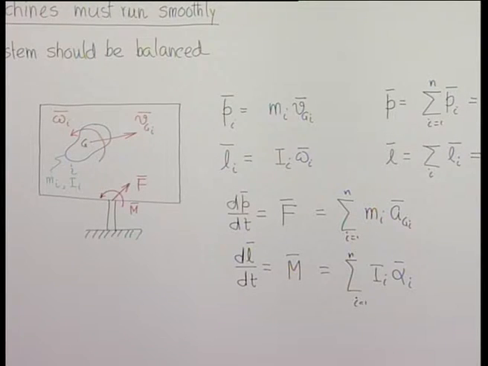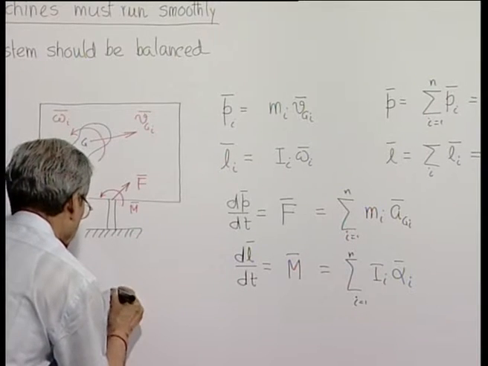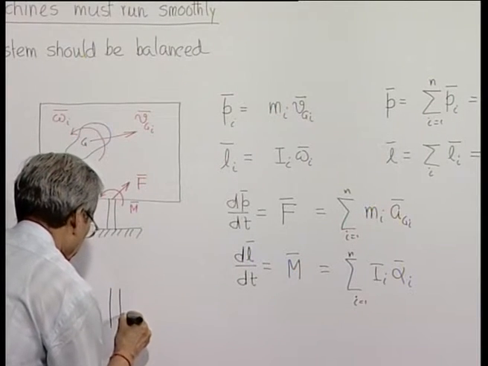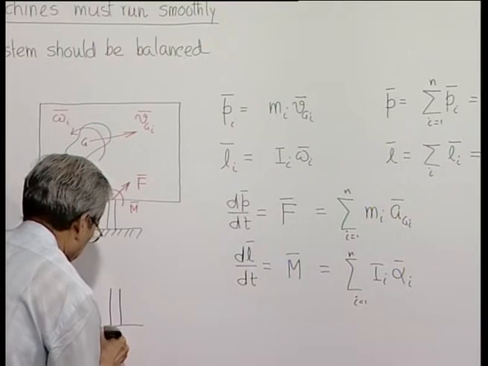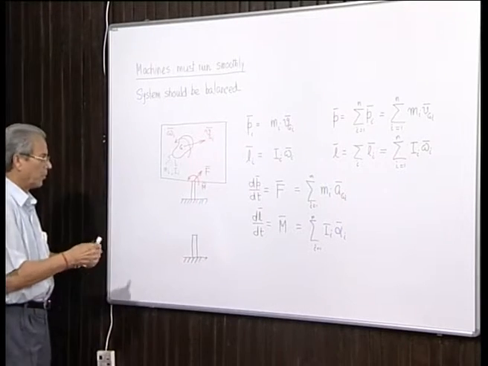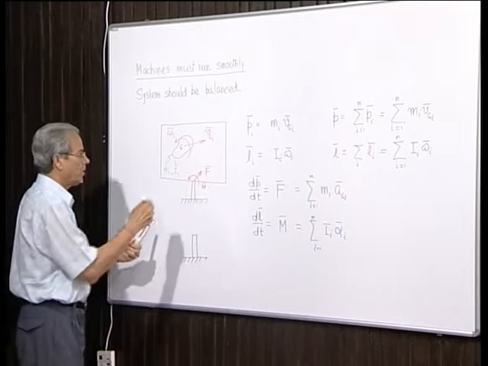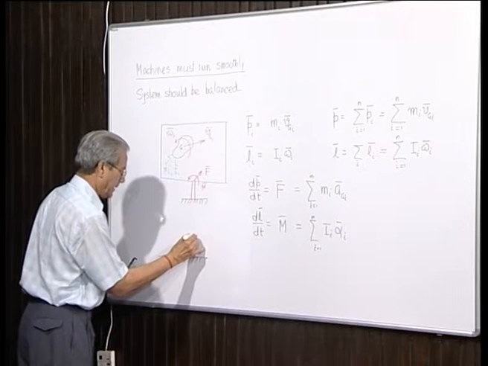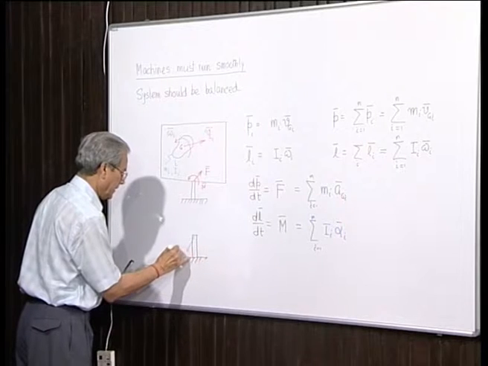Therefore, we find that the support will receive a force from the machine like this. If this is the support, it will receive equal and opposite forces as an effect of the machine's running.